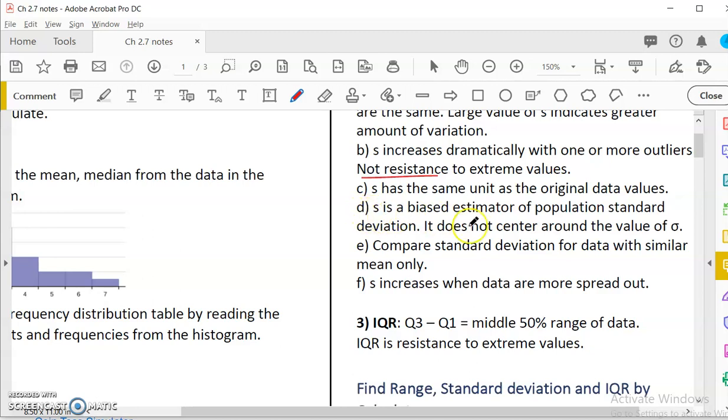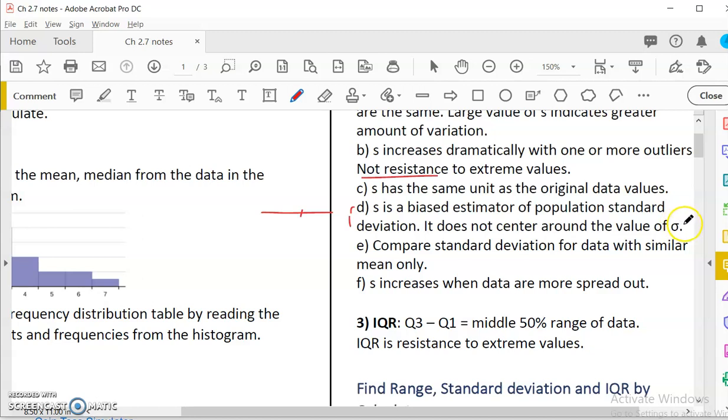The fourth one, S is a biased estimator of the population standard deviation. It does not center around the value of sigma. So we'll talk more about these terms. There's a lot of jargon, like biased estimator. Okay, so let's say I know the population standard deviation, so I am getting ahead of myself.